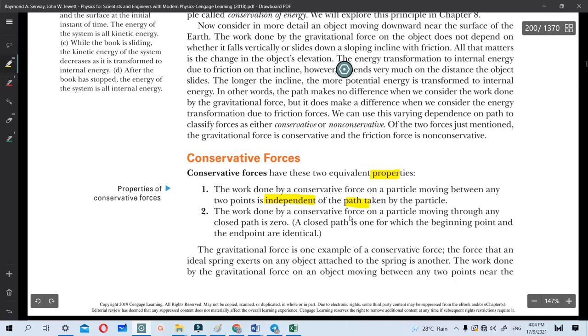Number 2, you will find that different books don't define this one. It says that if the path taken is a closed path, the work done through the closed path, the net work, is equivalent to 0. So when you add all the amounts of work on the particle, you find that the total work is equivalent to 0. That's number 2.